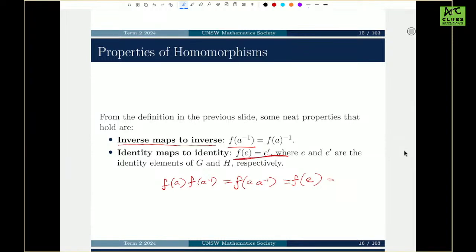Well, suppose it does, then we get this. So inverse maps identity should give us this other thing.